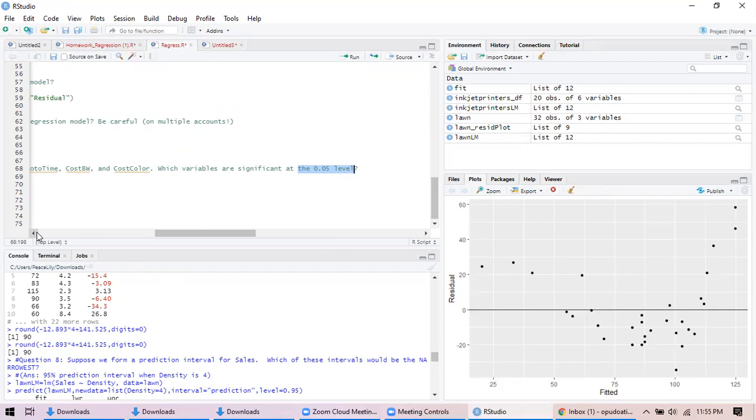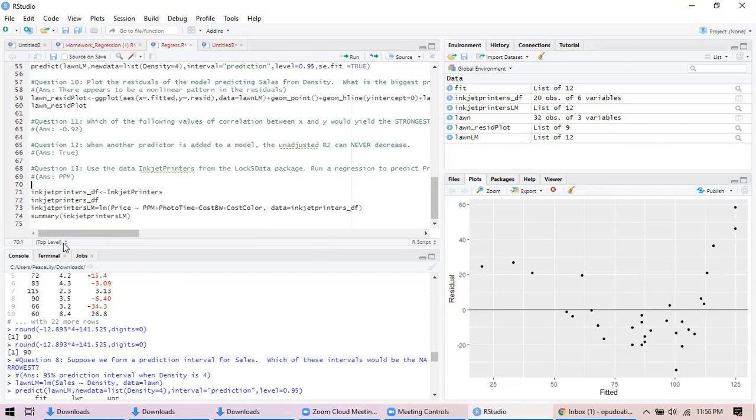I really don't know. So, do you remember the p-value? Yeah, I know it's a lot of stuff, but the p-value. Oh, so this has to do with the p-value. Yeah, when someone's asking you if something is significant, you have to remember it's a p-value question. So, if a p-value is less than what?